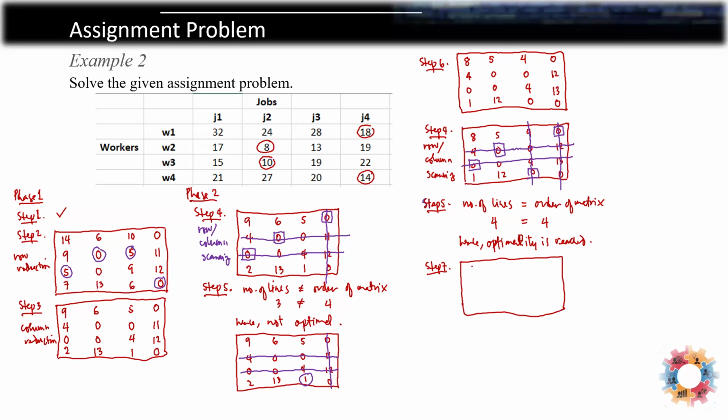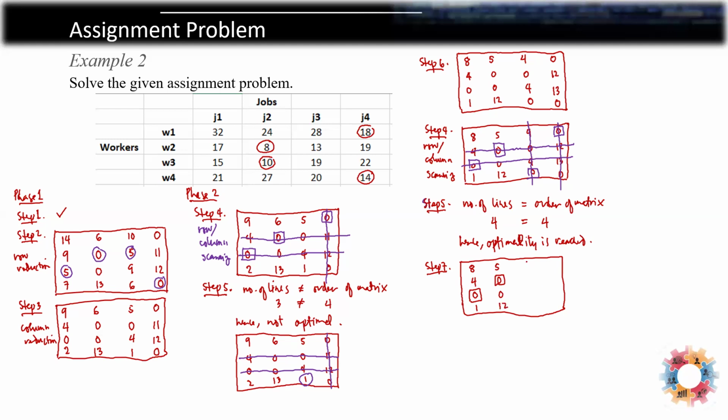Okay. We have 8, 4, 0, then 1, 5, 0, then 0, 12.